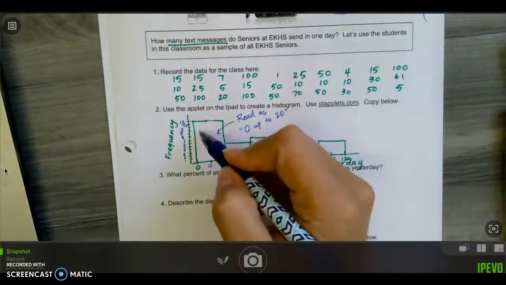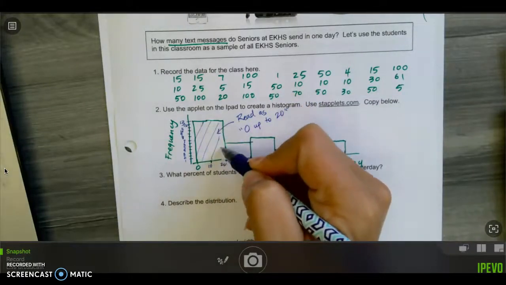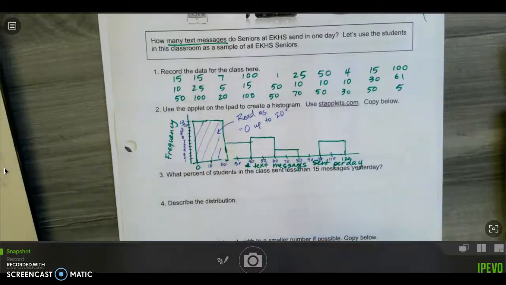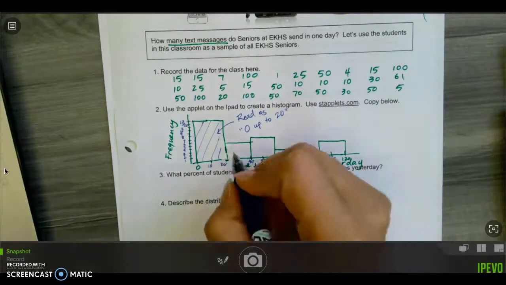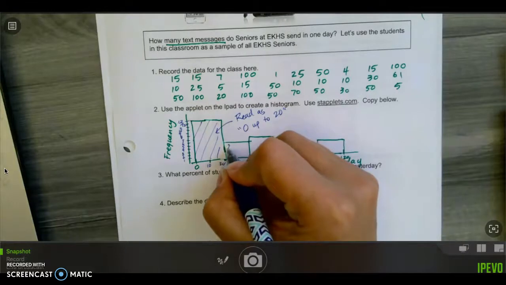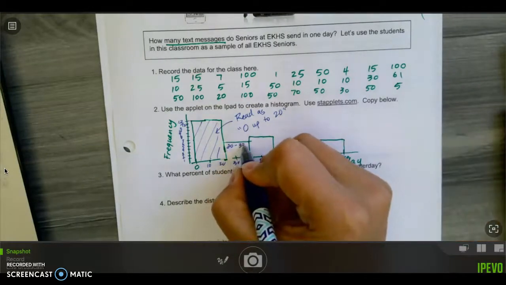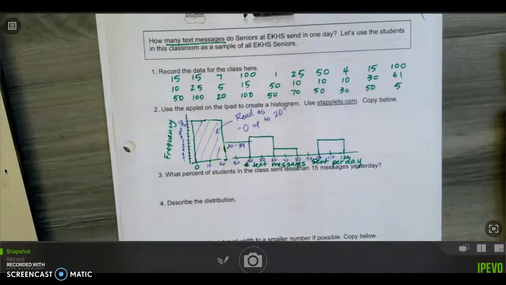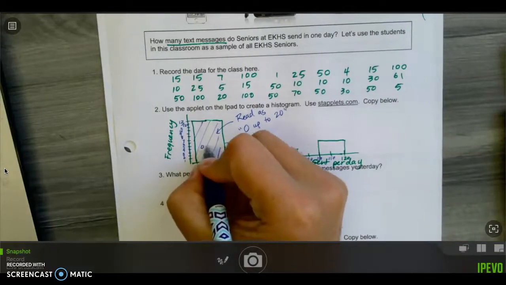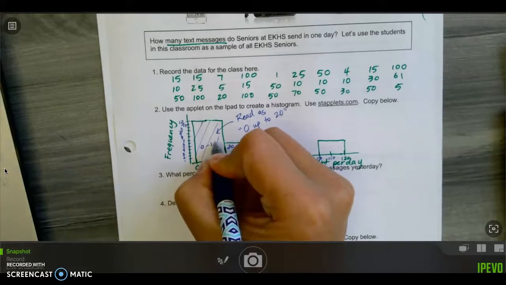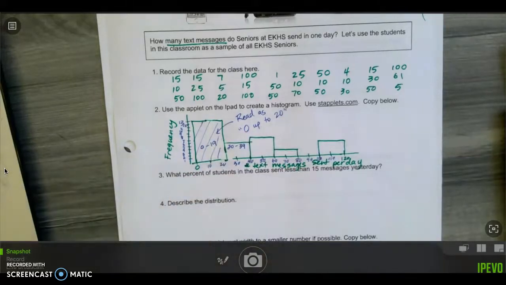What that means is this box represents anything from 0 to less than 20, so 20 is included in the next box. The next box would actually represent 20 up to 40, or 39. This one represents 0 up to 20, which would be 19.